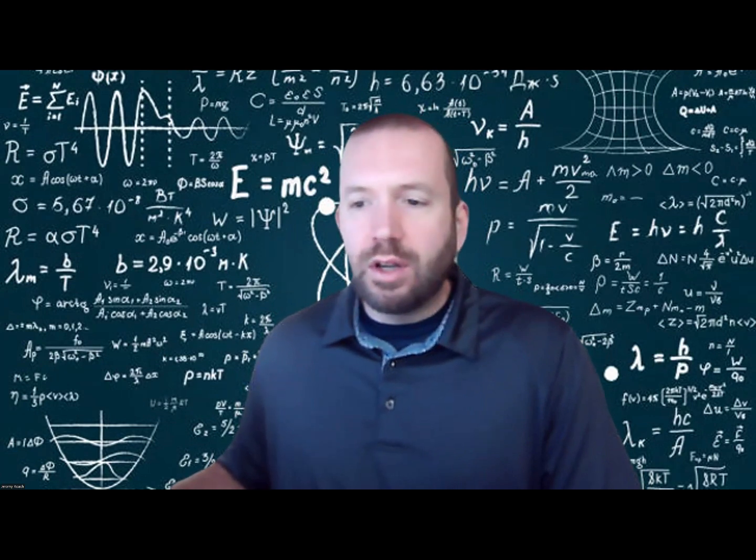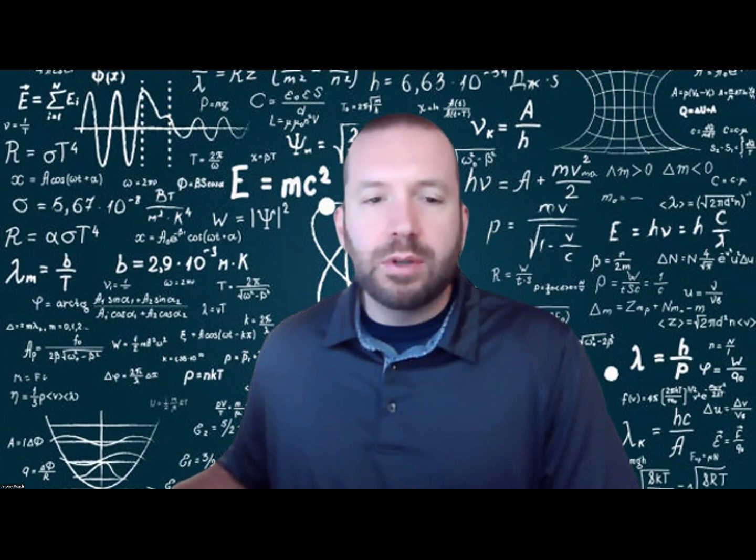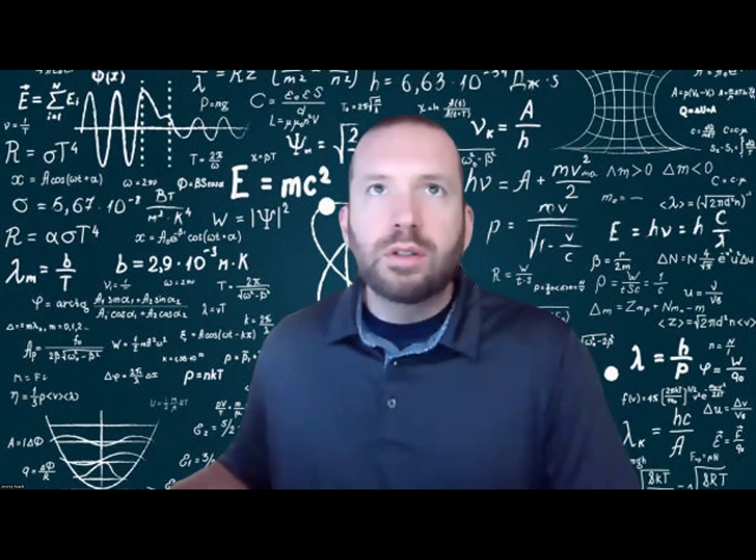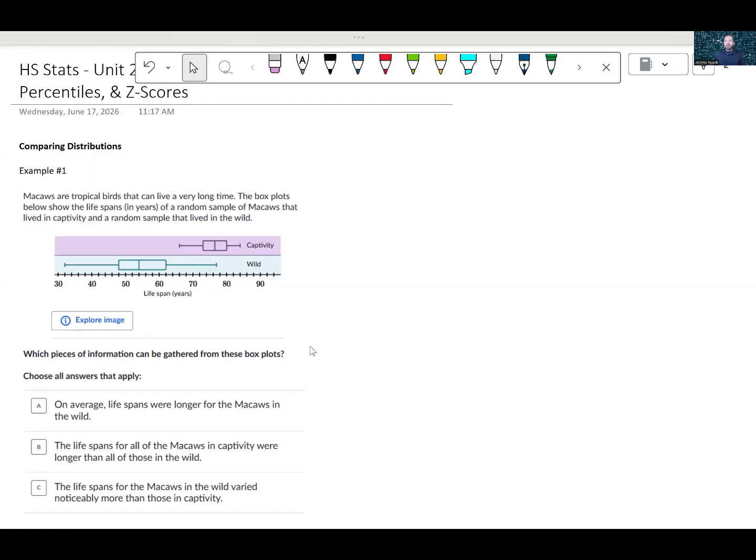So our first sample problems here are on comparing distributions. And when we're comparing distributions, we look at characteristics such as the center, the spread, and the overall variability to identify similarities and differences between groups of data.